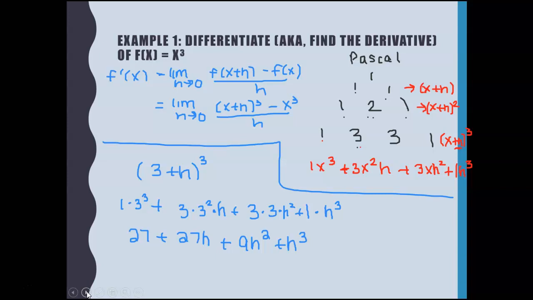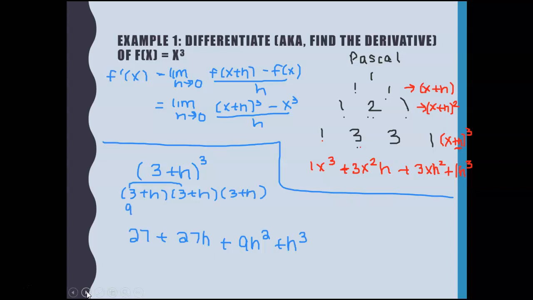So if you can memorize and use Pascal's triangle, it eliminates the need to actually multiply 3 plus h times 3 plus h times 3 plus h, which again you could see would give you 9 plus 3h plus 3h plus h squared. And then you'd have to multiply it again by 3 plus h. And what you'll notice is that's 6h.